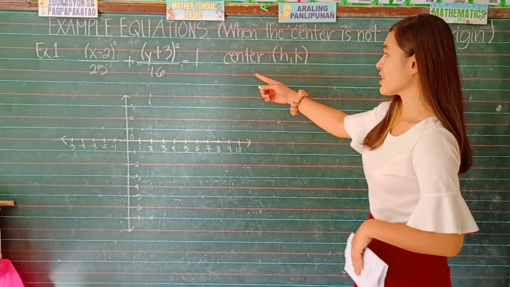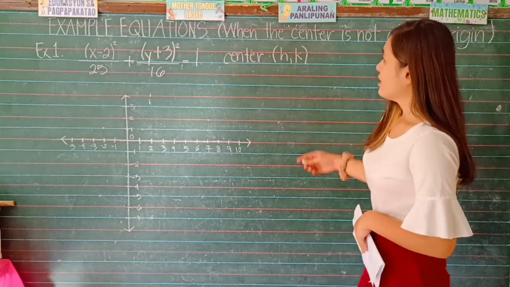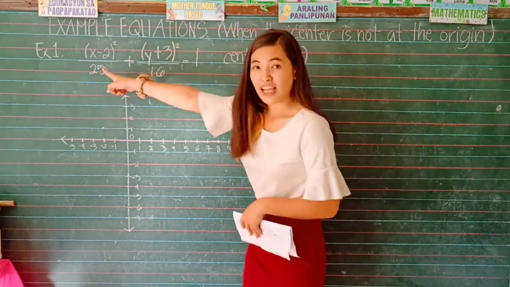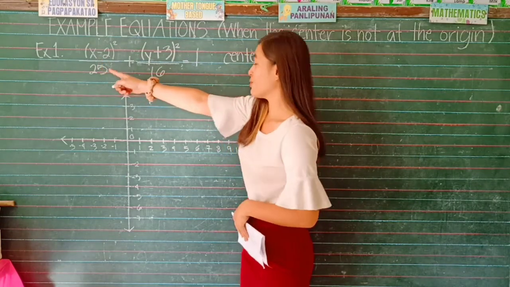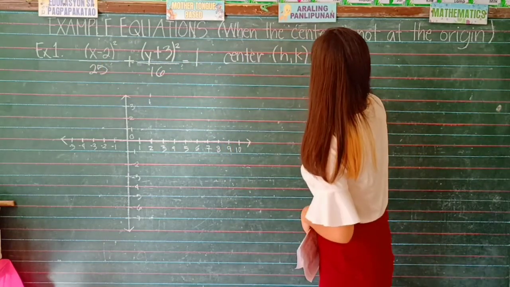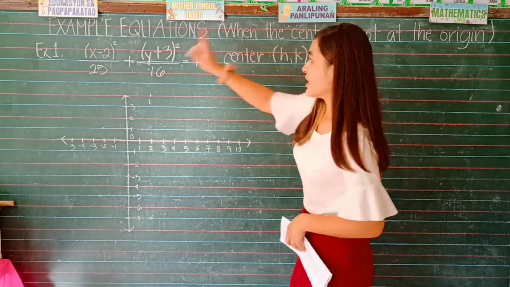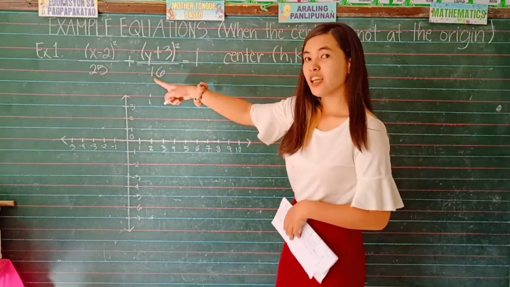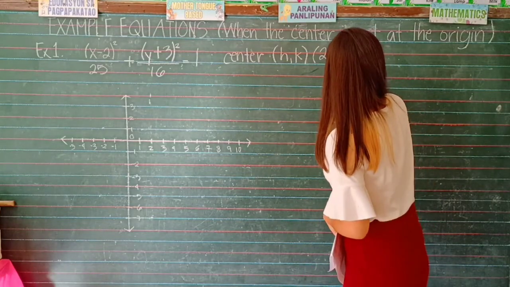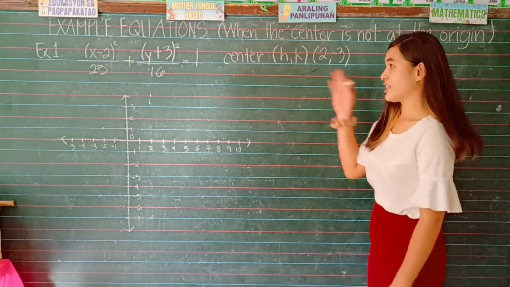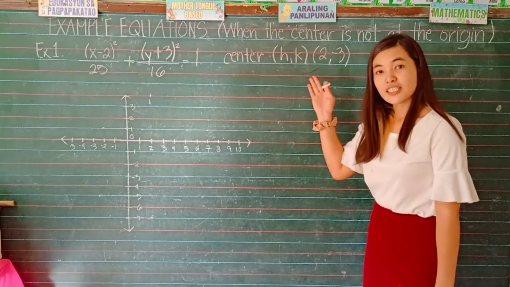So, in finding the center, let's change the sign. This negative 2 becomes positive 2. This positive 3 becomes negative 3. So now, we have the center. This is the first step.